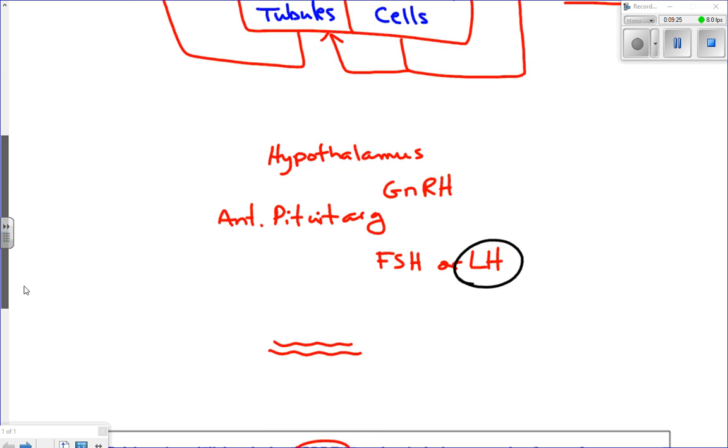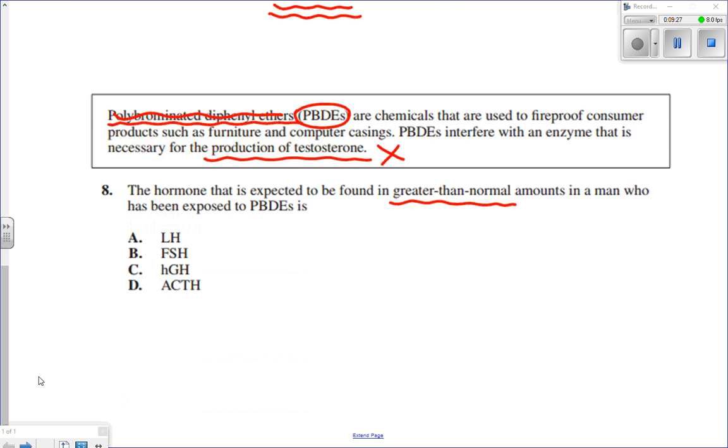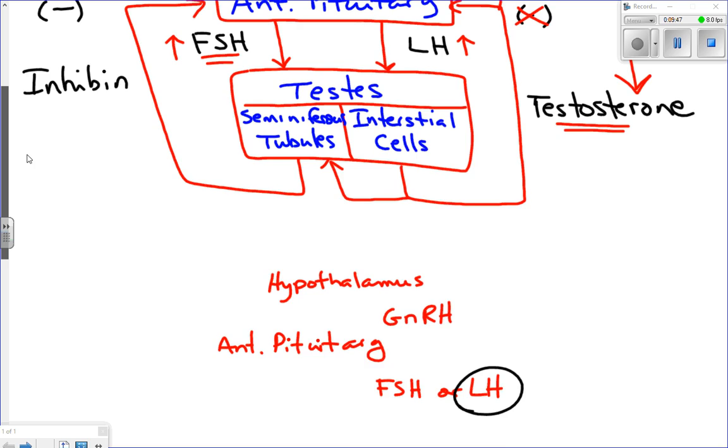So let's go down and look at our answers here. Which answers do we have the choice of? Well, we've got a choice of FSH or LH for this one. We know it's not HGH, that's growth hormone. We know it's not ACTH, adrenocorticotropic hormone. These don't have anything to do with male reproductive hormones. So we have to choose between LH and FSH. So is there any way we can make that choice?